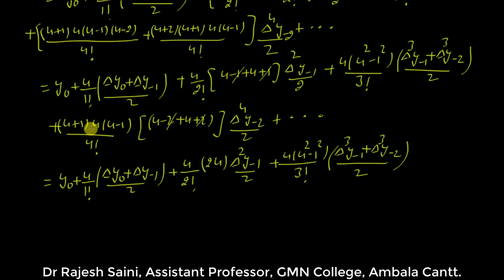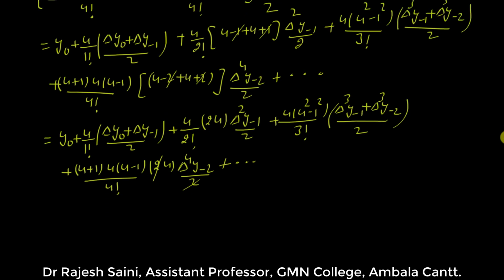Fine. And this 2 will cancel out, plus u plus 1 u minus 1 by 4 factorial, and it will be 2u delta 4 minus 2 by 2. This 2 will cancel out, and so on.